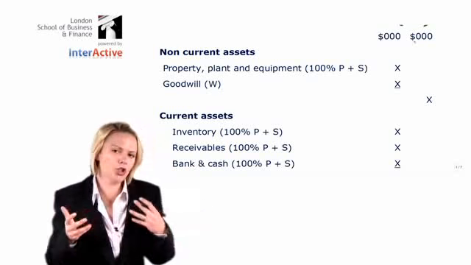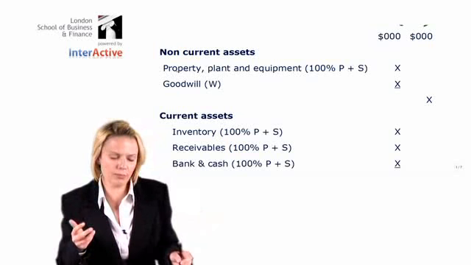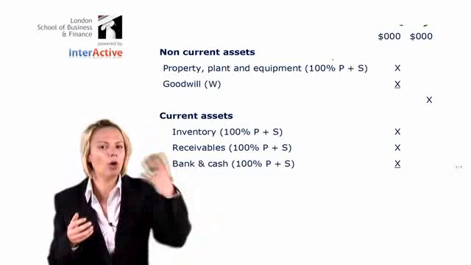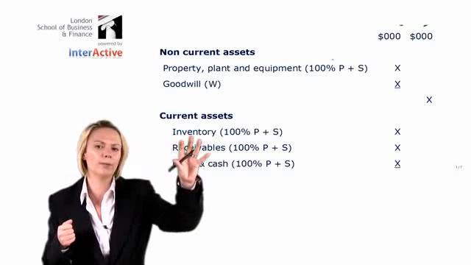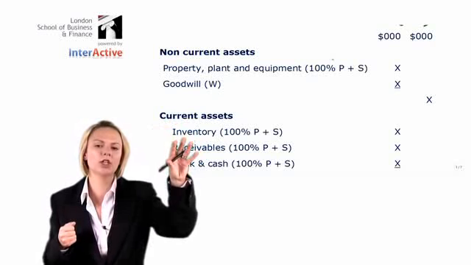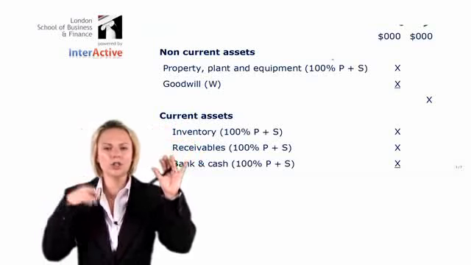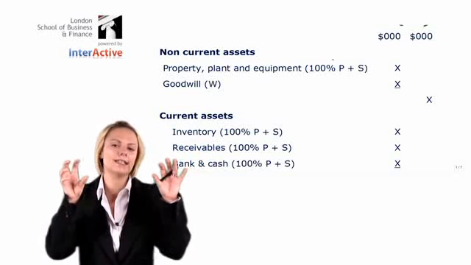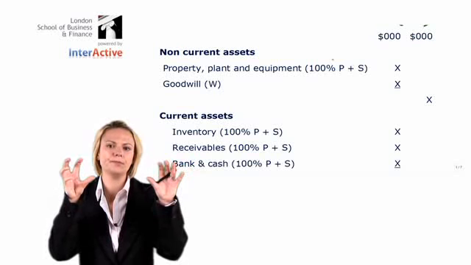So, under non-current assets then, can you see property, plant and equipment? Well, we're going to take all of the parent's property, plant and equipment in their statement of financial position and add that to the subsidiary company's PP&E on their statement of financial position.